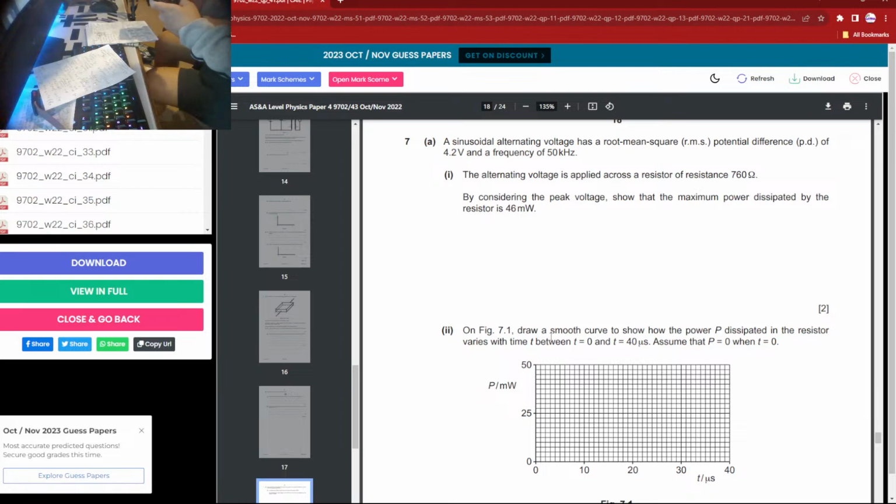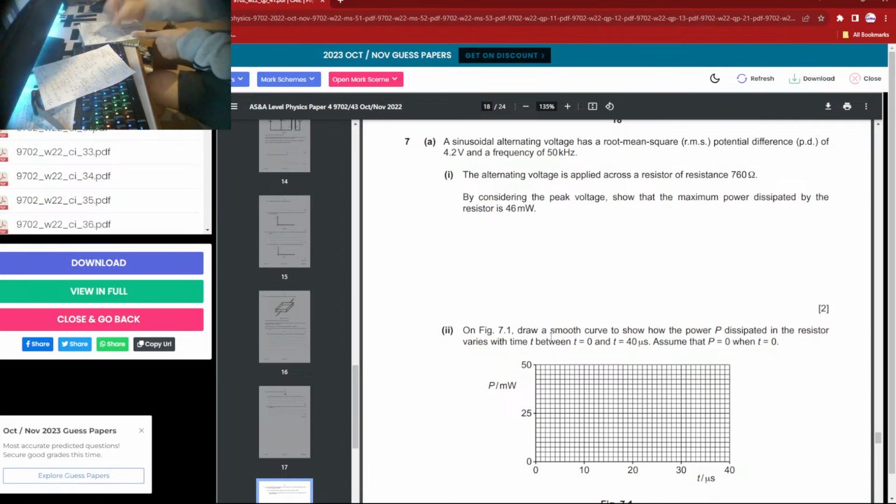That gives you 0.046 watts, which when you move 3 units to the right, 1, 2, 3, gives you 46 milliwatts. And therefore it is shown.